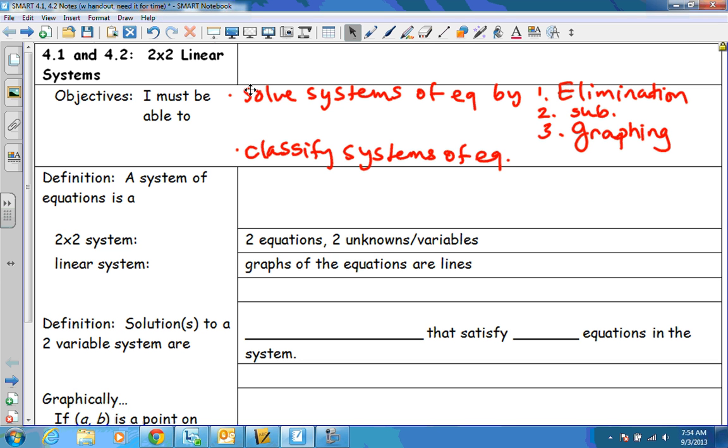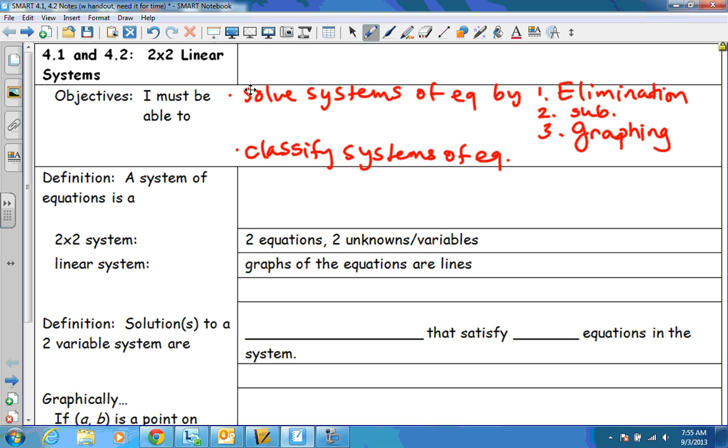Two equations, two unknowns. Yes. So if you had three equations, three unknowns, could you solve? If you had four unknowns, four equations, right? Yes. So for however many variables you have, that's how many equations you're going to need to get your numerical values.